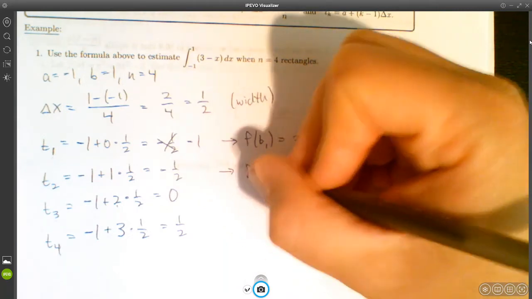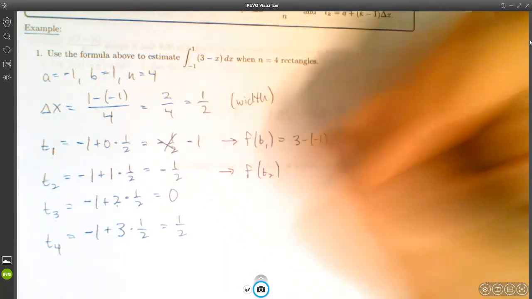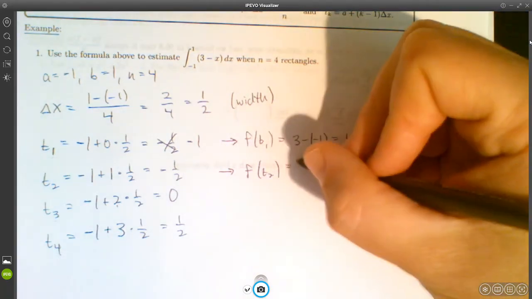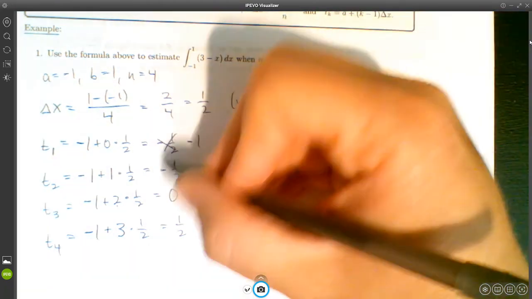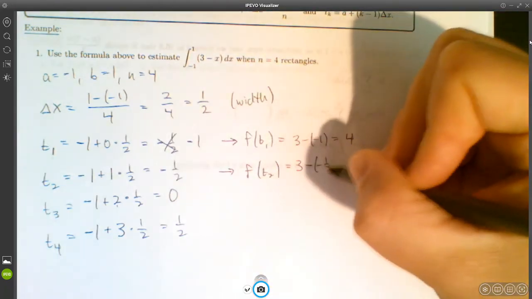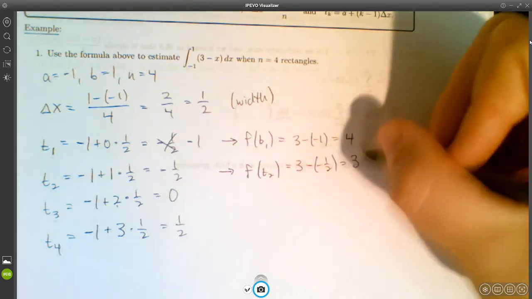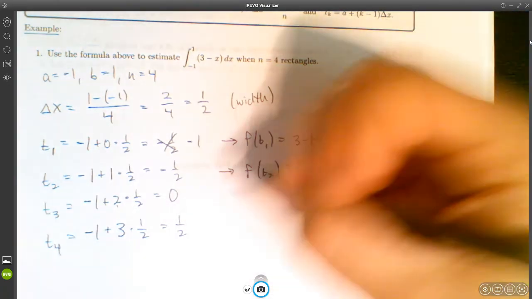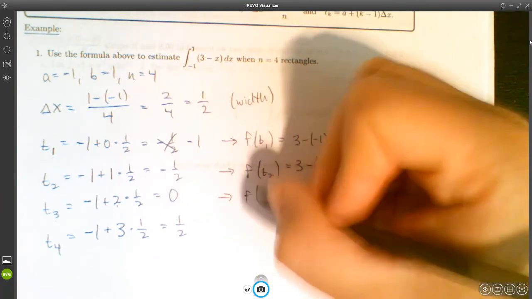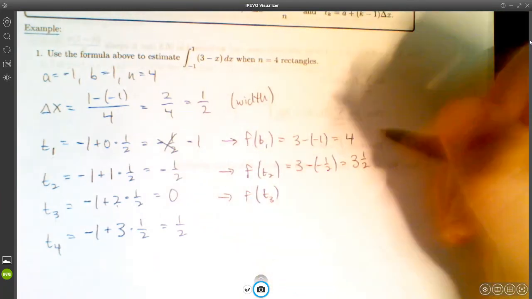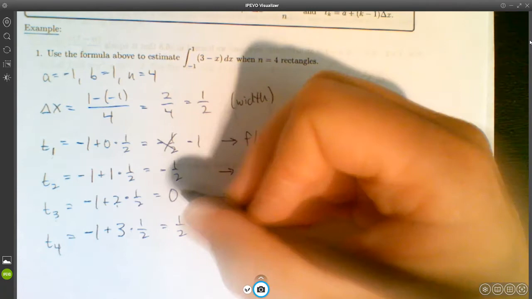Okay, the height of the second rectangle is going to be 3 minus negative 1/2. That's 3 plus 1/2, so that's 3.5. The height of the third rectangle is going to be 3 minus 0.